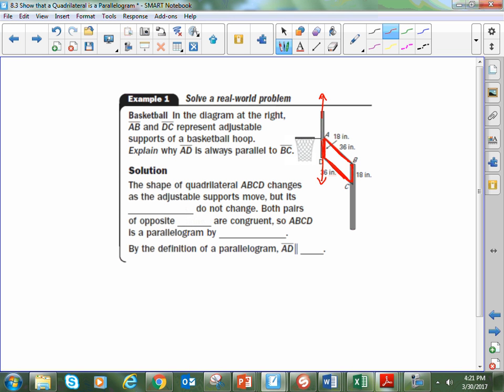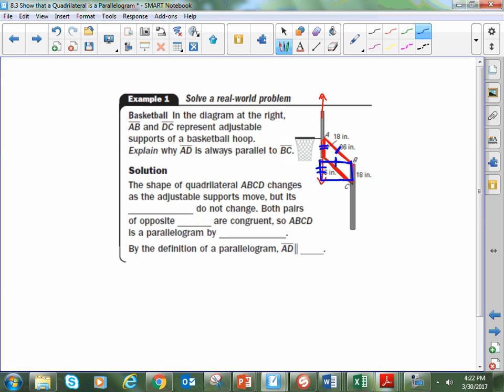Now we could move a latch and raise it up and down, but even if we did, if we made it so this came out and was parallel like that, well, this blue part and this red part, they're still the same. This red part and this blue part, they're still the same. So it still creates a parallelogram because the opposite sides are going to be congruent to each other, but the angles inside can change.